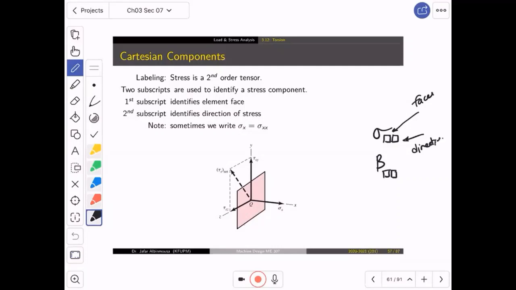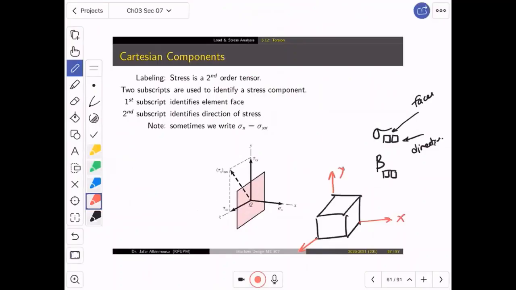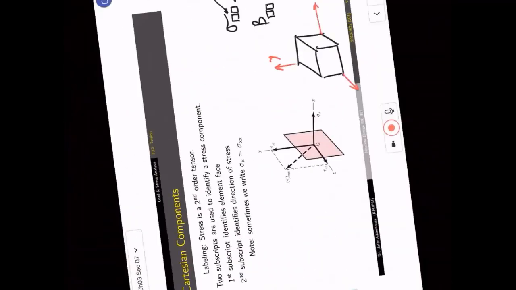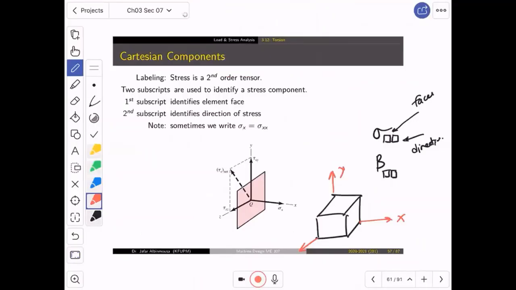What does that mean? It means the following. If we have a cube like this, we established a coordinate system like this. In mathematics, we name the faces, the surfaces by their normal.